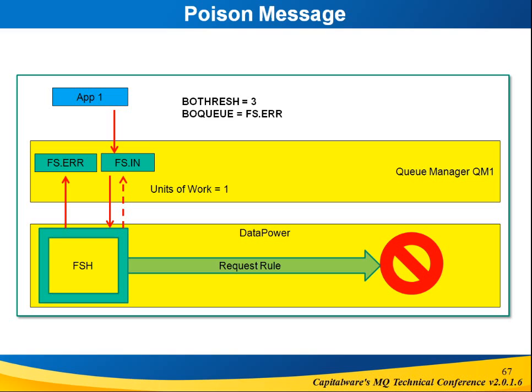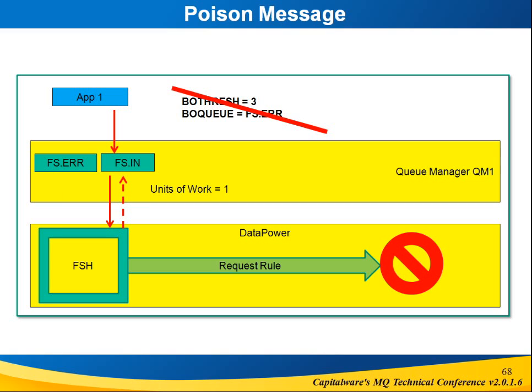So the very next MQ-GET from fs.in will get the next message on the queue, and the poison message is now being diverted to another queue for processing.